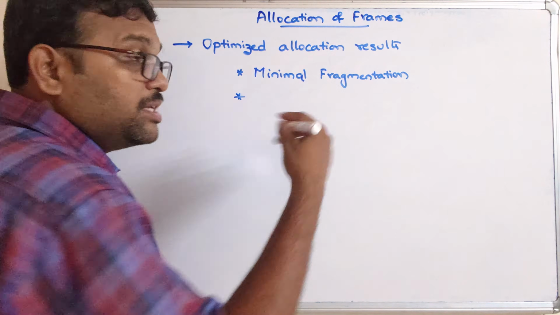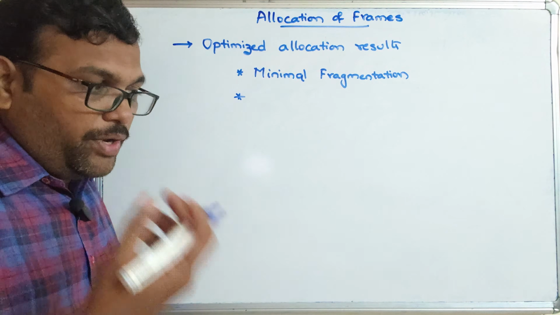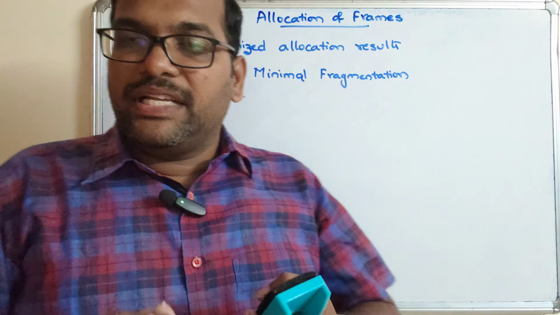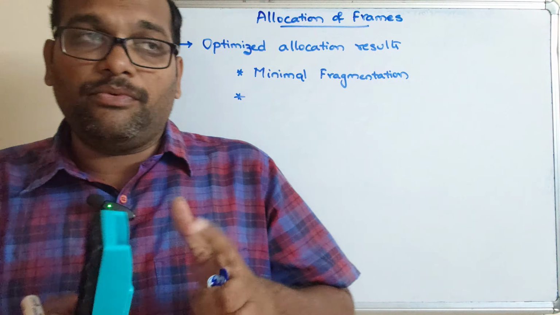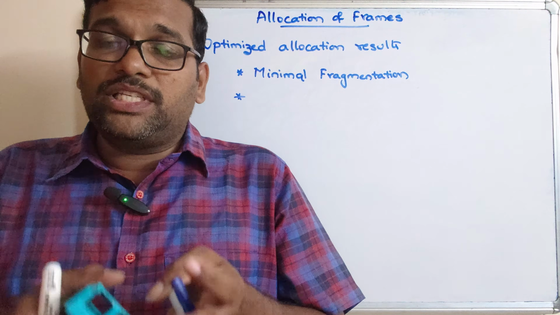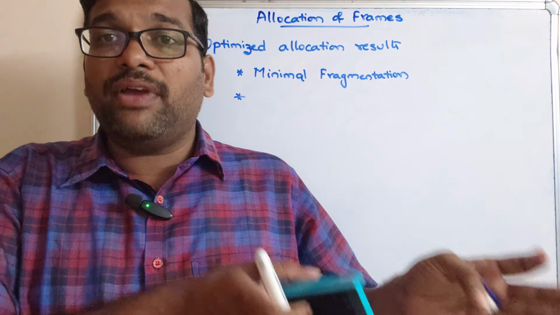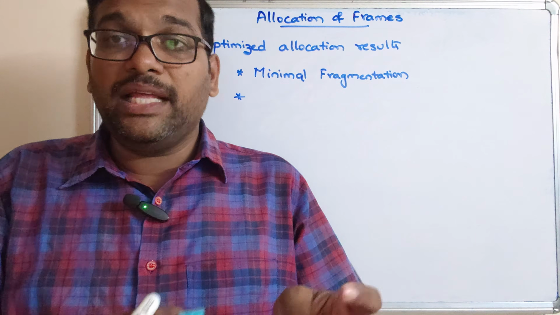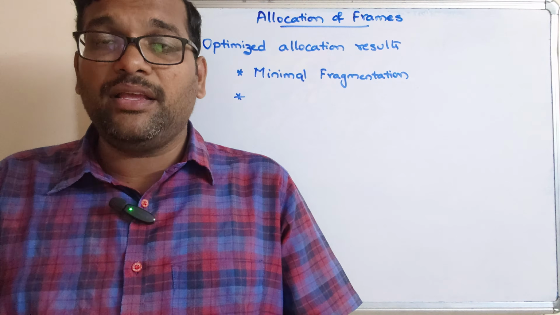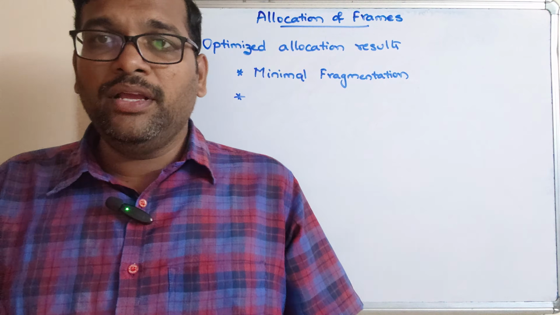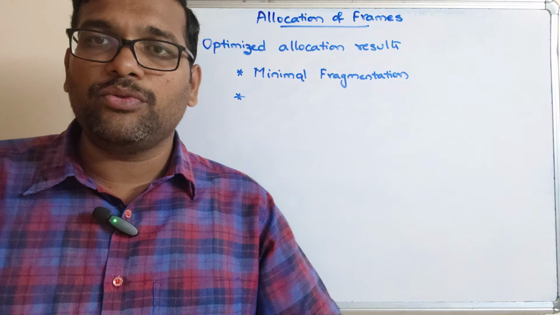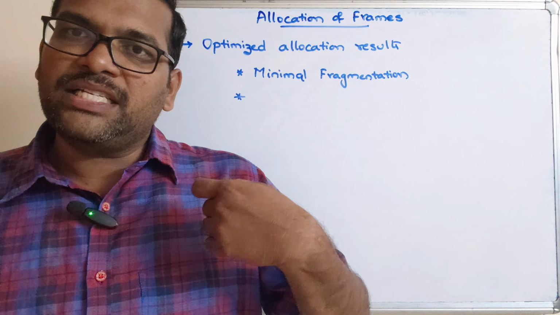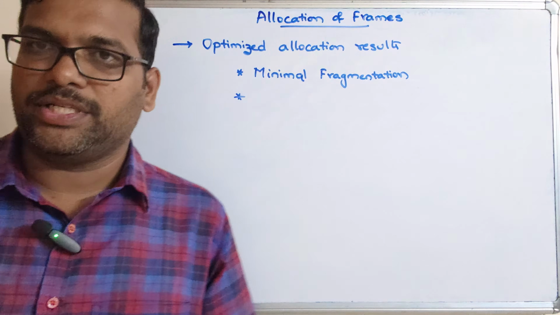Similarly, it reduces the page faults. We know page fault means that if the page needed by the CPU is not available in the main memory, then that is called a page fault. Immediately, the CPU will load the page from secondary memory to the primary memory by swap in and swap out operations.